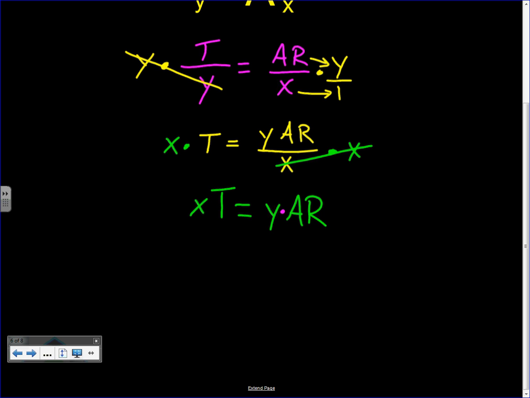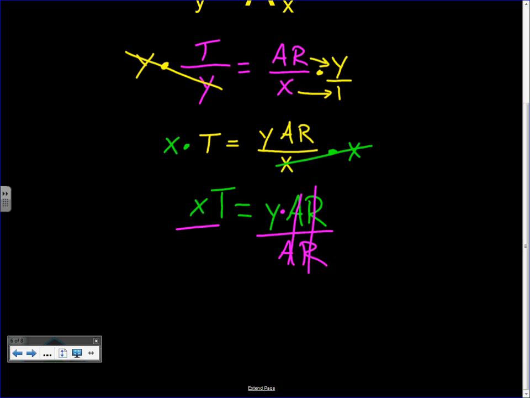So if we're trying to get y by itself, how do you get rid of A times R? Well, we could divide both sides by A, cancel out the A's, or we could say, since we're multiplying y by A times R, we're going to divide the right side by A times R, so those cancel out.